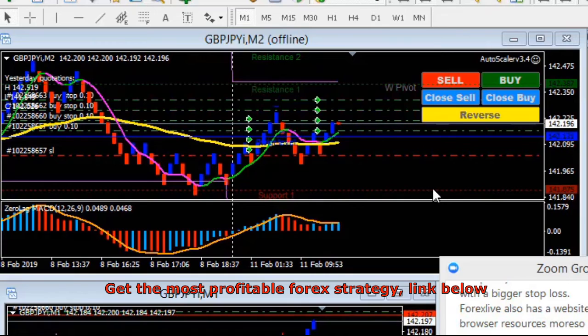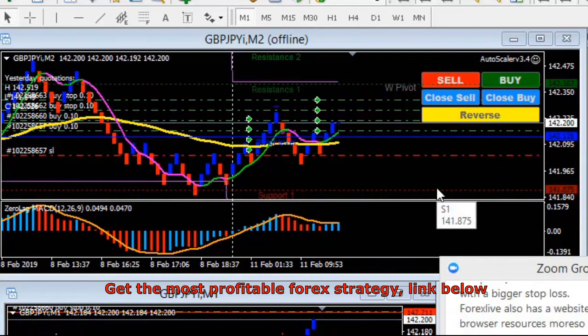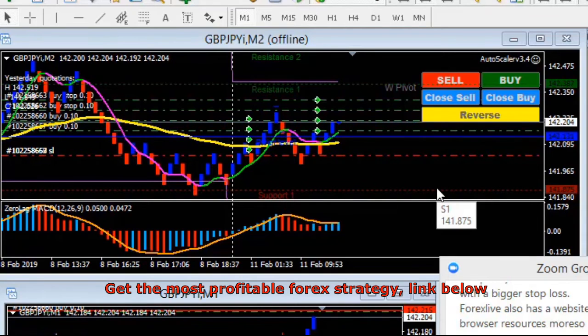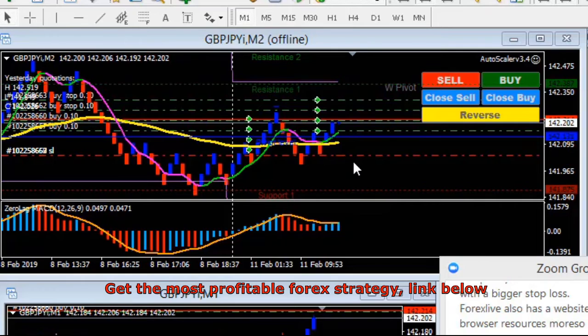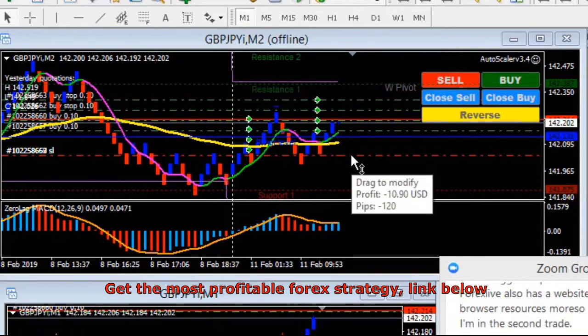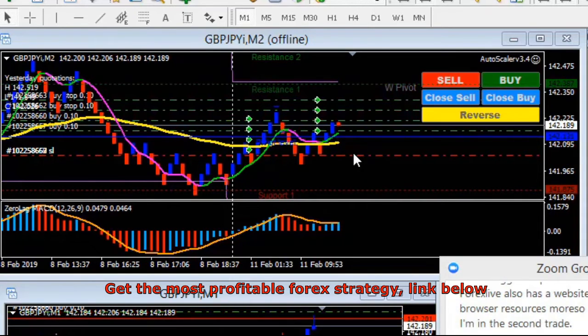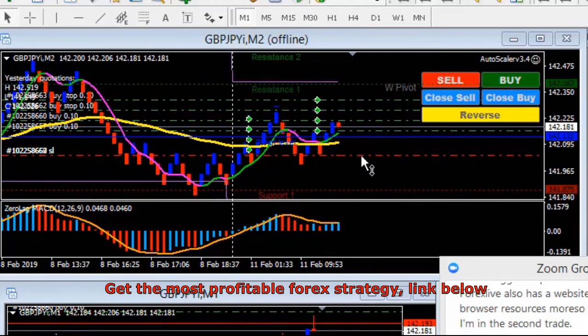Should be in trade number 2 now. And we should see the step stop trigger in another pip or so, since it's based off of the ask prices, because we're in a buy trade, so it needs to go up another pip or so, pip and a half, whatever the spread happens to be.